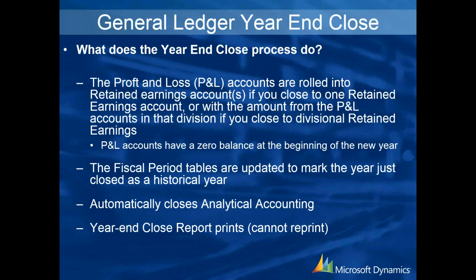What that means is if you have a fund or a specific segment in your chart of accounts that you want to close out to each of those segments, we can close out to a divisional retained earnings account or divisional fund account based on the fund that the original transaction was posted to. So, we need to make sure that you have a retained earnings account for each of those divisions. P&L accounts have a zero balance at the beginning of the new year.